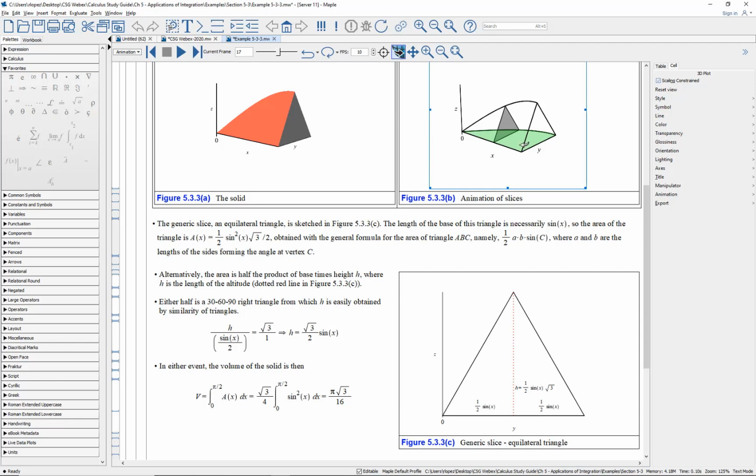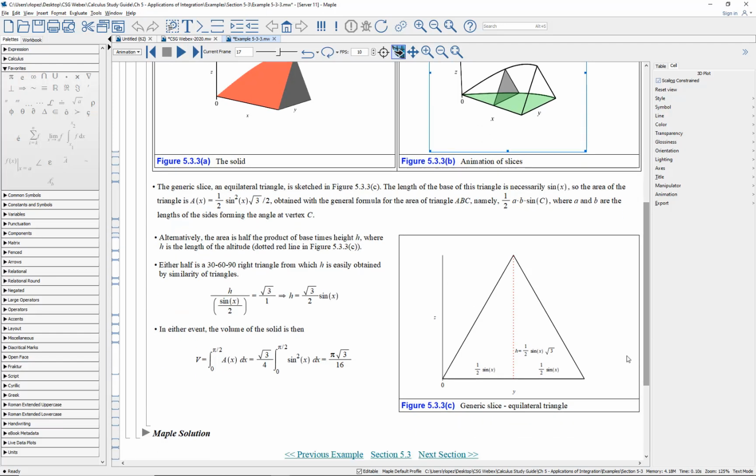The area of that equilateral triangle is given by this expression. Where did it come from? Well, you've got two different ways to come up with it. Here's the equilateral triangle. This is the base, so its length is sine x. That means this edge is also sine x. You can use the formula 1/2 AB sine C, where this is one edge, this is the other edge, and this is the included angle.